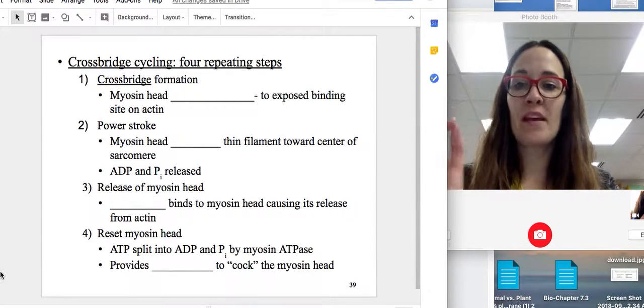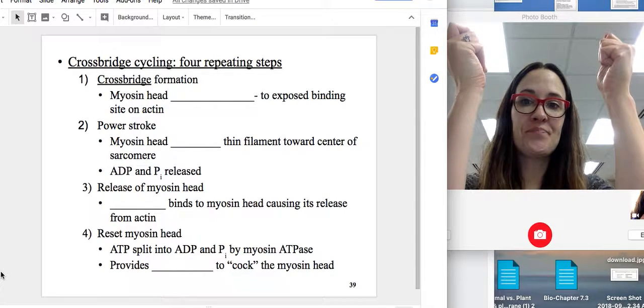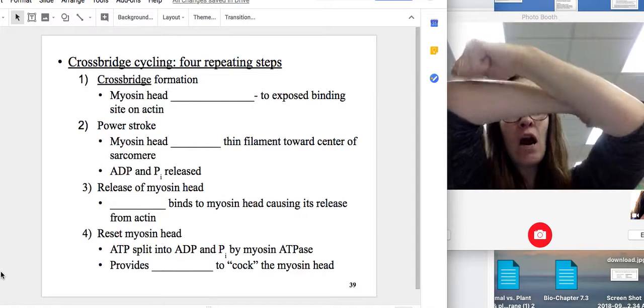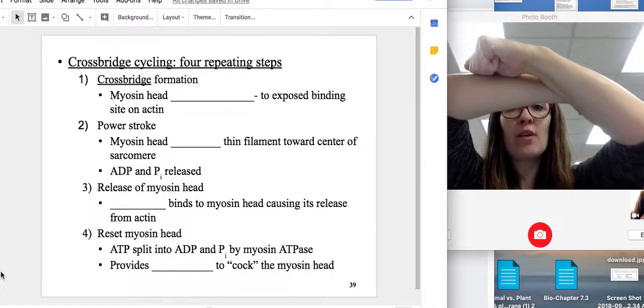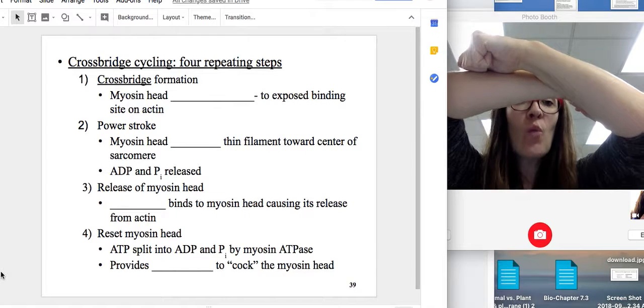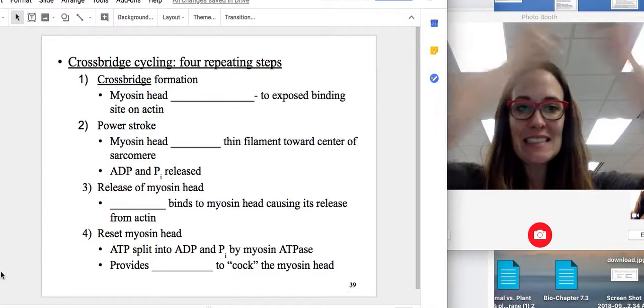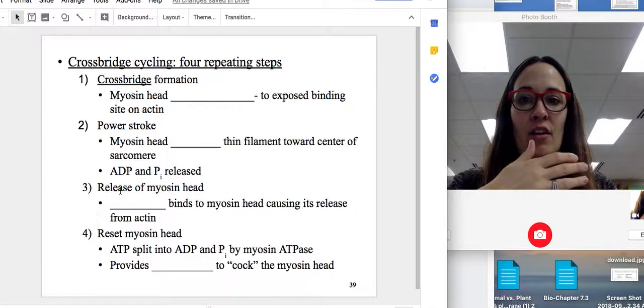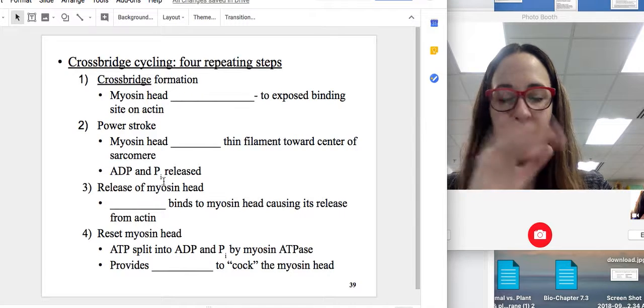Step 1, the myosin head attaches to the actin. Step 2, power stroke. The myosin head pulls the thin filament towards the center. When that happens, energy is being used, ATP, and it releases what's called ADP plus phosphate.